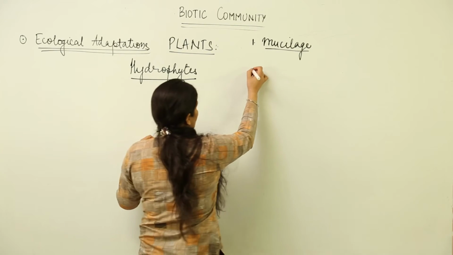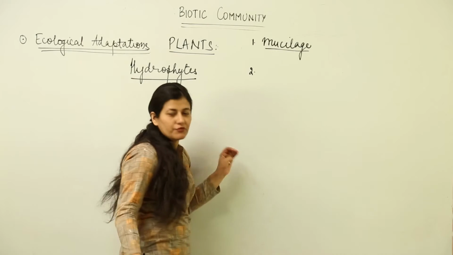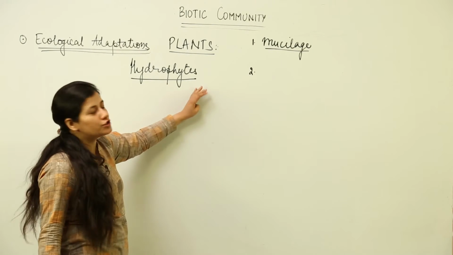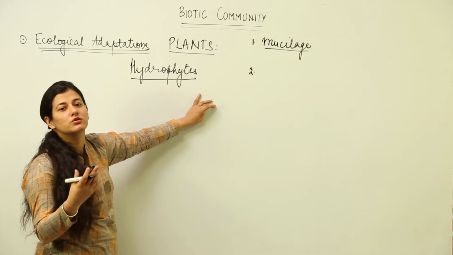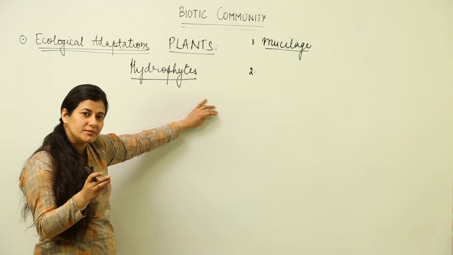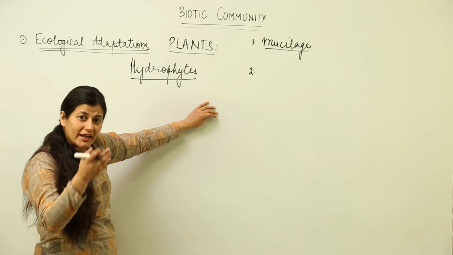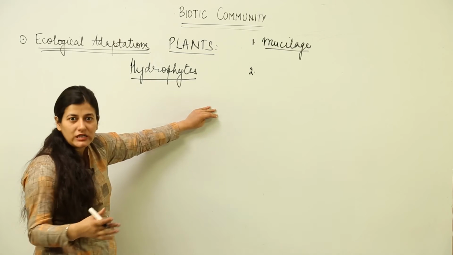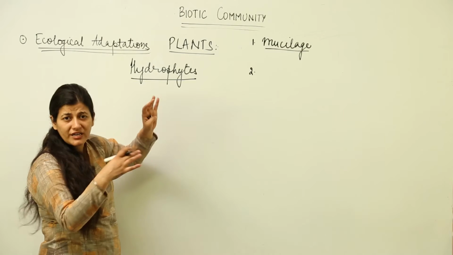Now the second type of adaptation, before we go to that, we need to keep in mind that hydrophytes are also of many types. They could be submerged, they could be partially submerged, that means they could be free floating and submerged as well. They could be completely free floating. These are the various types of hydrophytes.